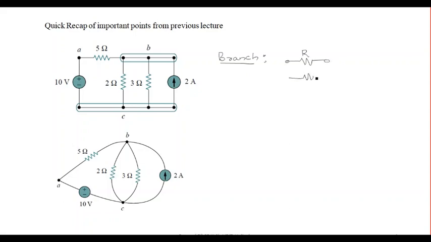There may be a resistor followed by some voltage source also. This can be considered as a single branch or two branches, branch 1 and branch 2. If you consider them together, you can call it a single branch also, until and unless they are separated by some other element.